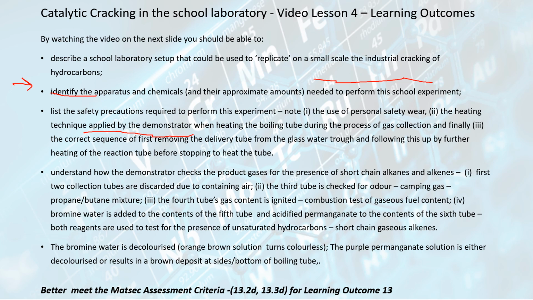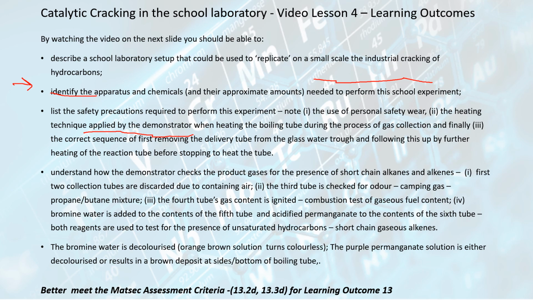So when you are checking for odor, the odor would be typically the same odor of camping gas or the same odor of the gas mixture that you have at home. So you are already familiar with what liquefied petroleum gas or domestic gas smells like, and you should be able to identify it from the third test tube as she explains.